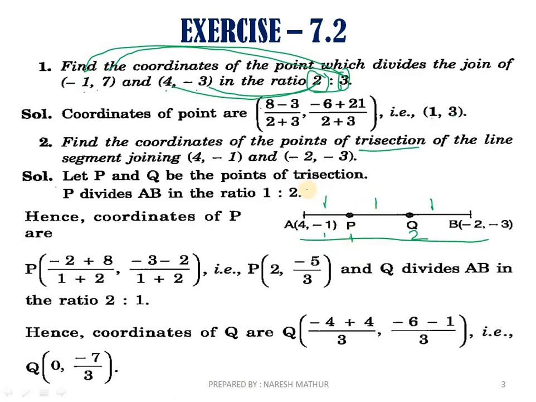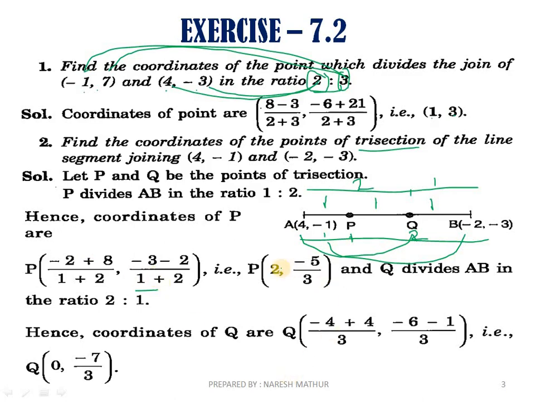And for Q, we will consider this ratio as 2, 1 plus 1 is 2, and this one will be 1. So when we find point P, m1 will be 1 and m2 will be 2. When we find Q, m1 will be 2 and m2 will be 1. So just apply these values in the formula for point P. See here, m1 x2 plus m2 x1, and similarly for y, m1 y2 plus m2 y1.